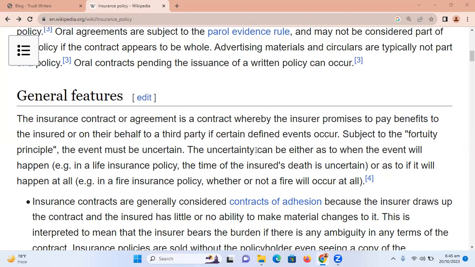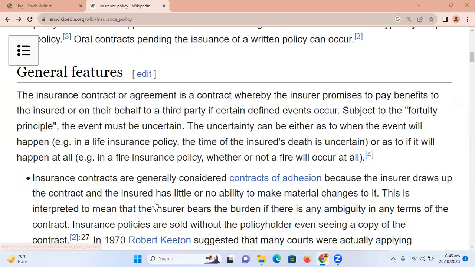The uncertainty can be either as to when the event will happen, for example, in a life insurance policy, the time of the insured's death is uncertain, or as to if it will happen at all, for example, in a fire insurance policy, whether or not a fire will occur at all.